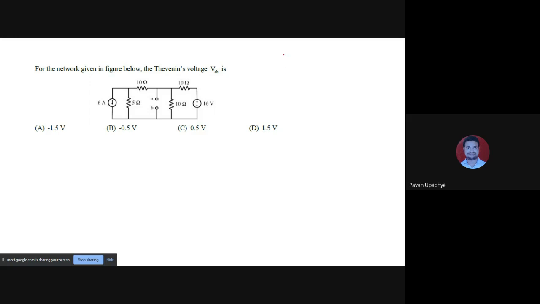Now, we know that Thevenin's theorem is one of the important theorems employed for solving numericals.